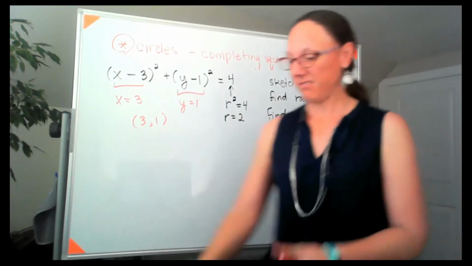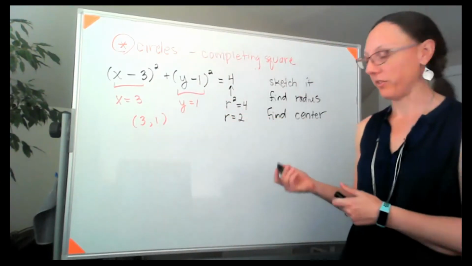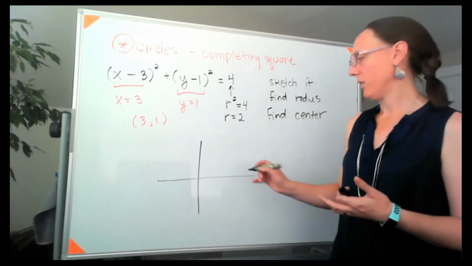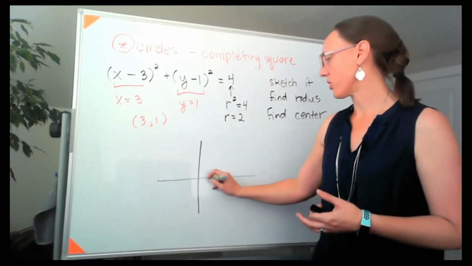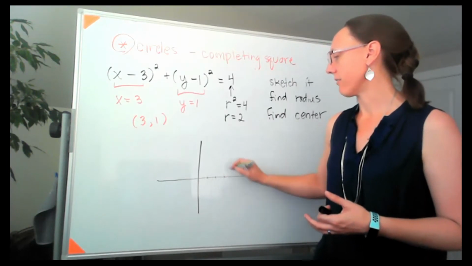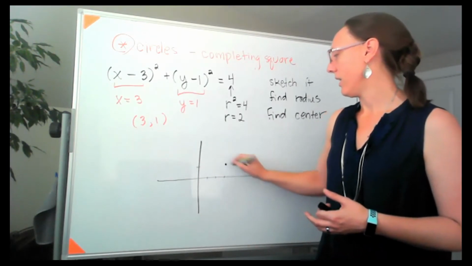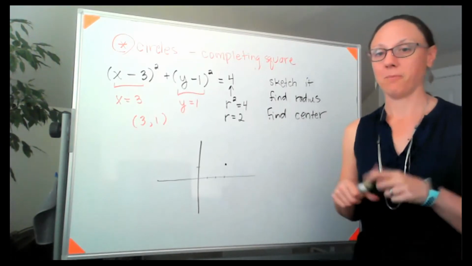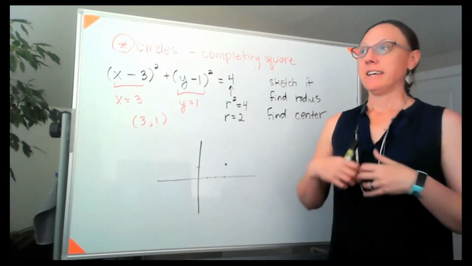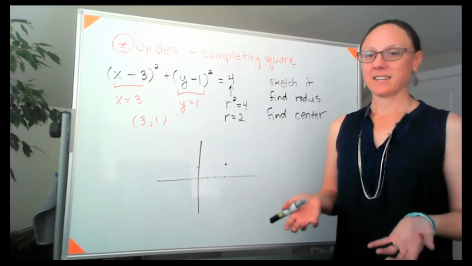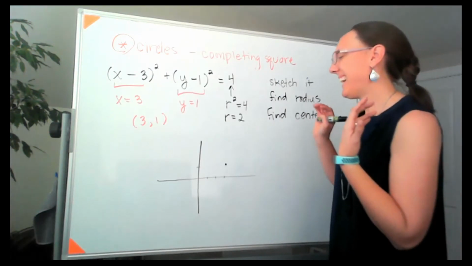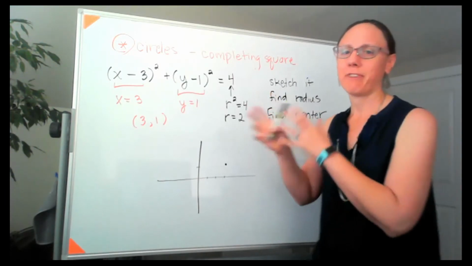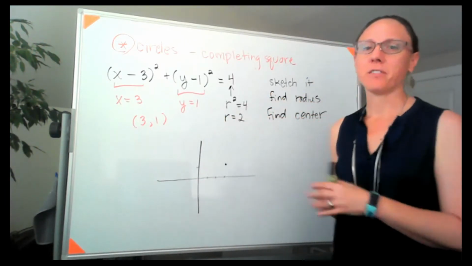So armed with all of that, I could now sketch a quick graph. It doesn't have to be perfect. It's a sketch, but I should be able to draw something along the lines of over 3, up 1, with a radius of 2. In sketching things in the 16 series, it's not super important that you're doing this on graph paper with perfectly spaced tick marks.